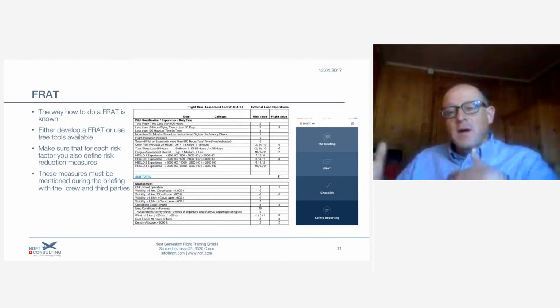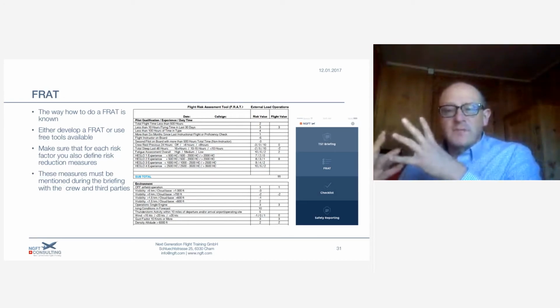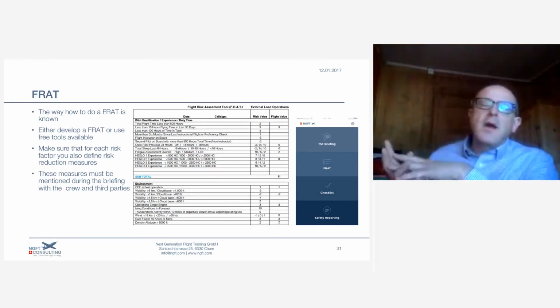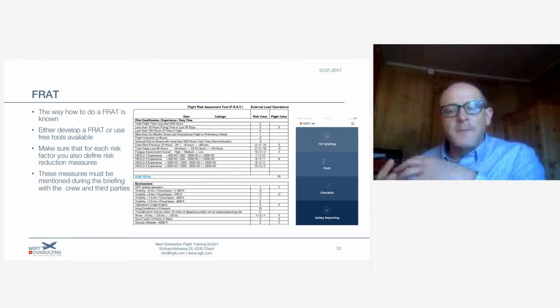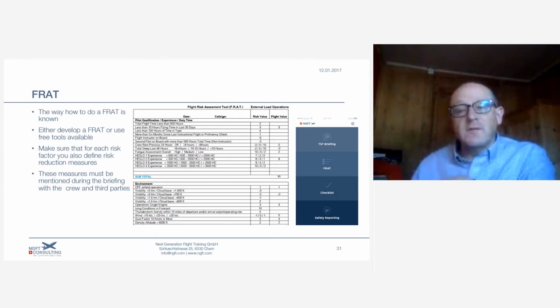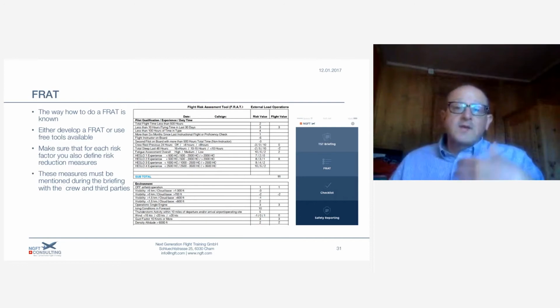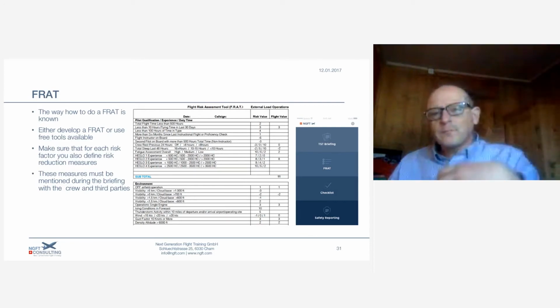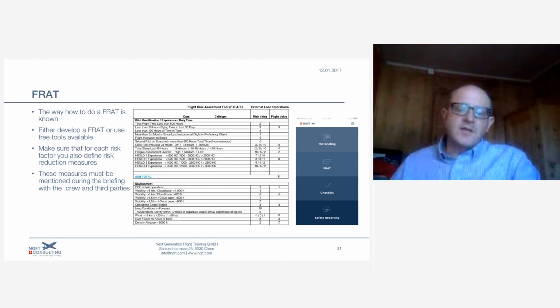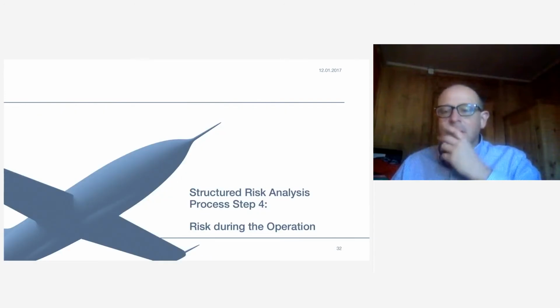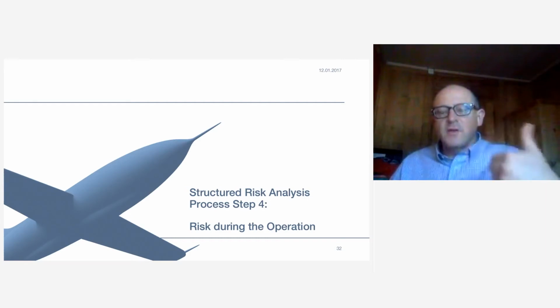And for all of these points, you have a risk value, and then you can identify the major risks, and you can also think about the risk mitigating system. So you either do a FRAT yourself, or there are apps out there that already use these predefined things.